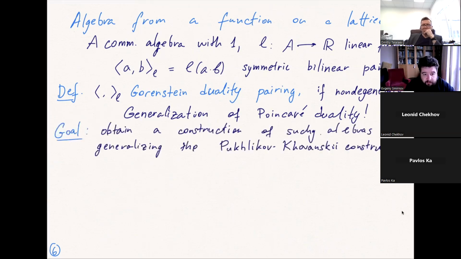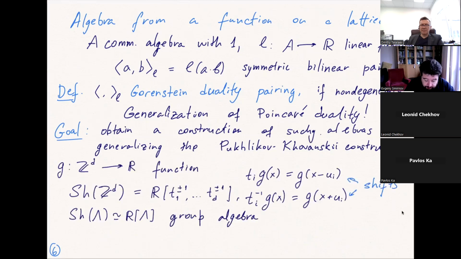Well, our first goal was to obtain a construction of such algebras, generalizing the Pukhlikov-Khovanskii construction. And that's what we found.